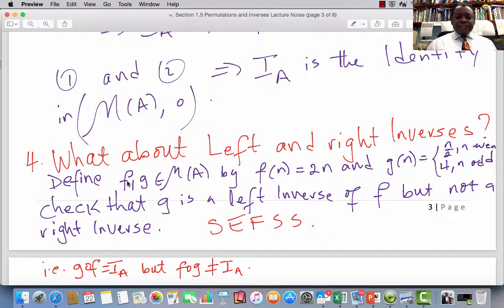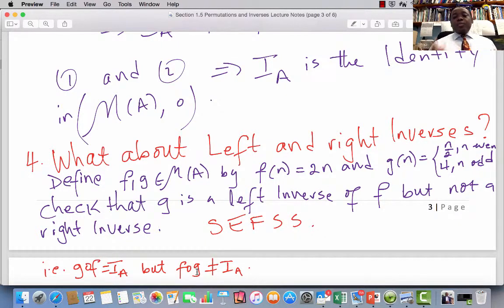Let's define f and g in M_A as follows. f(n) equals 2n, and g(n) equals n over 2 if n is even, and 4 if n is odd. We can quickly verify that g is a left inverse of f. In other words, g composed with f of n is exactly n, and that is I_A.